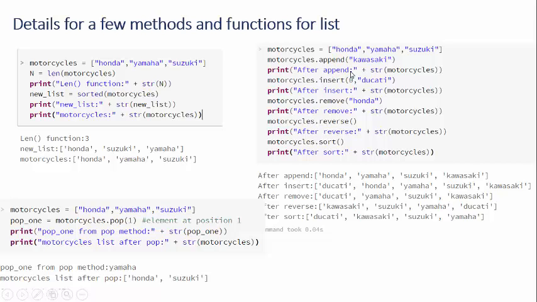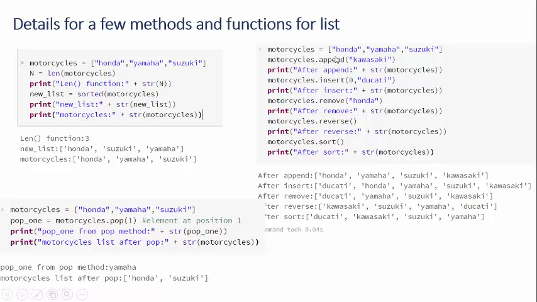It helps us distinguish which result comes from which print function. In that particular case, we appended Kawasaki, so we see there are 4 elements printed out. The first line is the first print function, and it's right here.